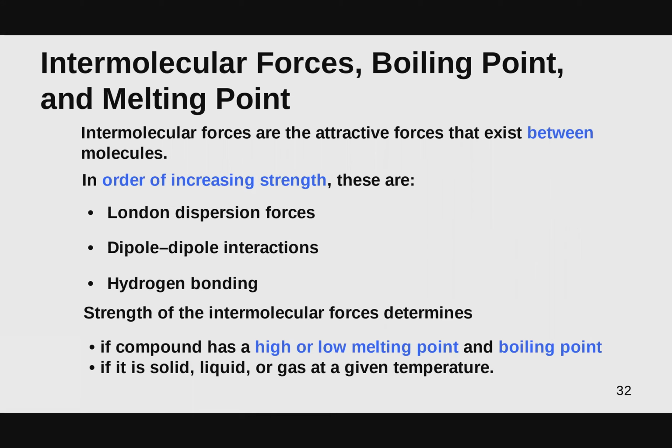Doesn't matter what state we're in. And these include London dispersion forces, dipole-dipole interactions, as well as hydrogen bonding. As we go from London down to hydrogen bonding, they increase in their overall strength. Now, the strength of these intermolecular forces determines a couple of things. The first is what state the matter is in.